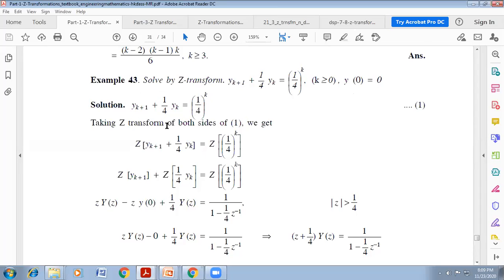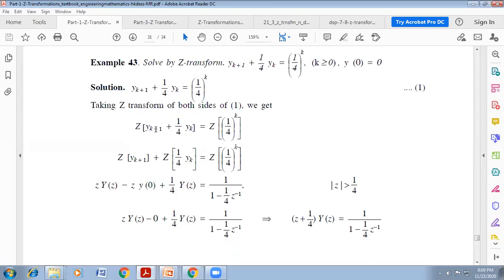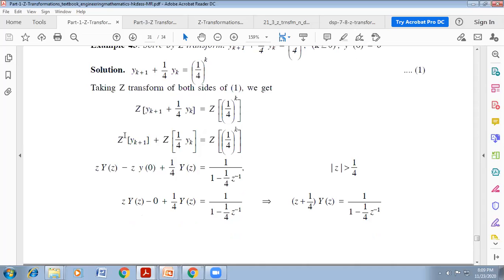Now taking Z transform on both sides, Z transformation of this whole equals Z transformation of this. Now by the linearity property, we can write the Z transformation of y(k+1) plus the Z transformation of this, equal to the Z transformation of this. For the Z transformation of y(k+1), we can write z into Y(z) minus z into y0, as we used in the previous example.